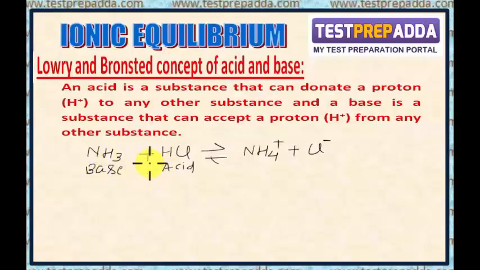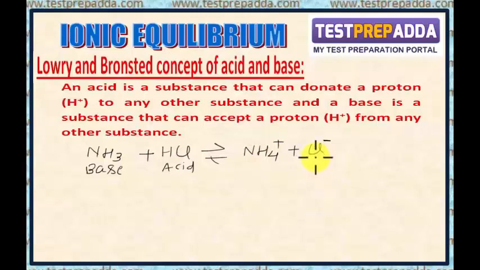Now, if you look at this example carefully, you can see after accepting H plus, NH3 becomes NH4 plus. Now the H plus is with NH4 plus. That is why NH4 plus is capable of donating that H plus.